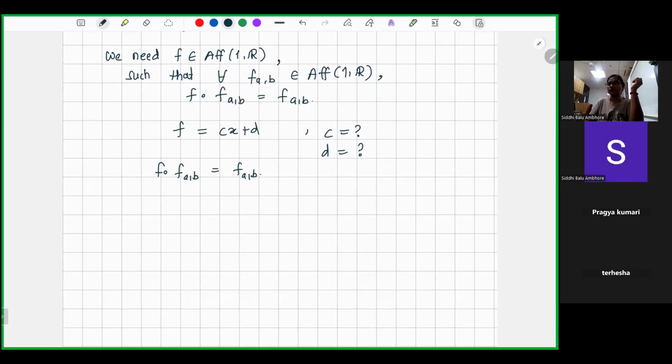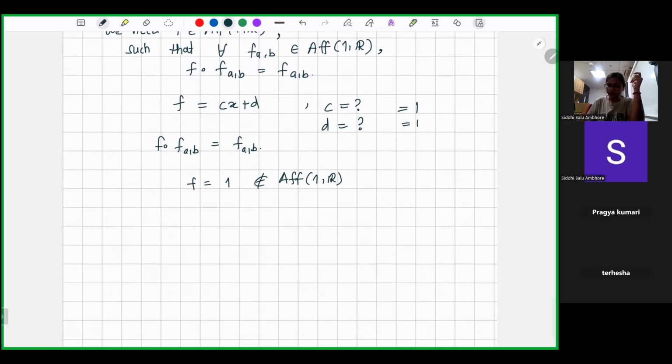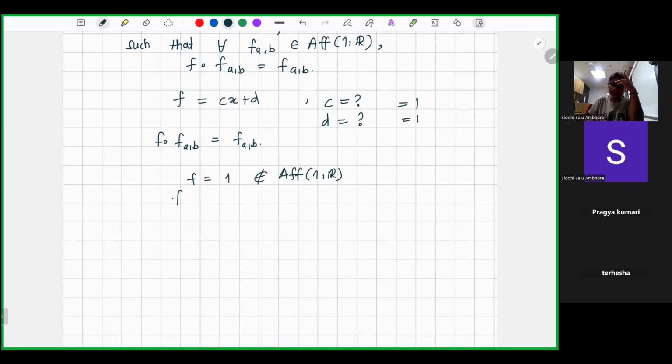One is what? Are you saying that f is just the function 1, or are you saying c is 1 or d is 1? What's your guess? Because if you're saying f is just the function 1, then observe that this does not belong to my set AFF1R, because when I write f as ax plus b, then it is 0x plus 1, and I need a to be non-zero for f to belong here.